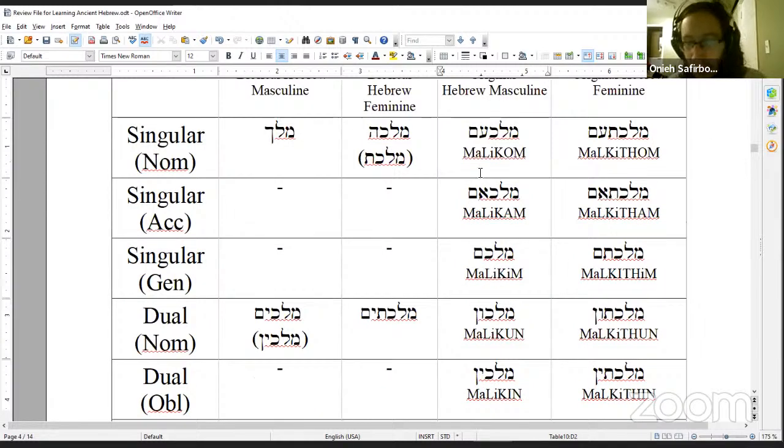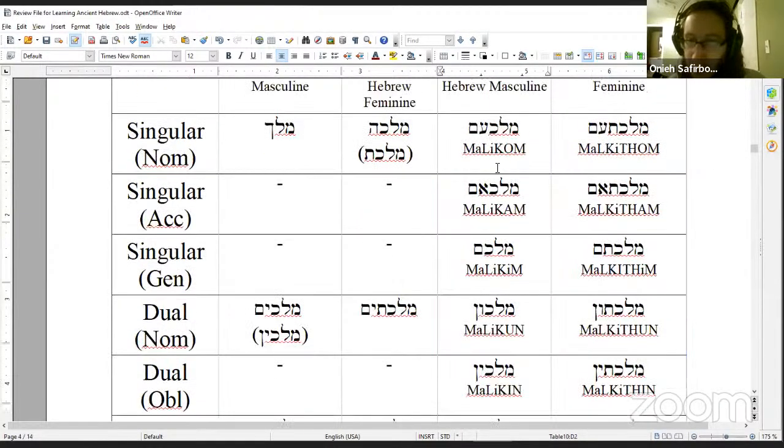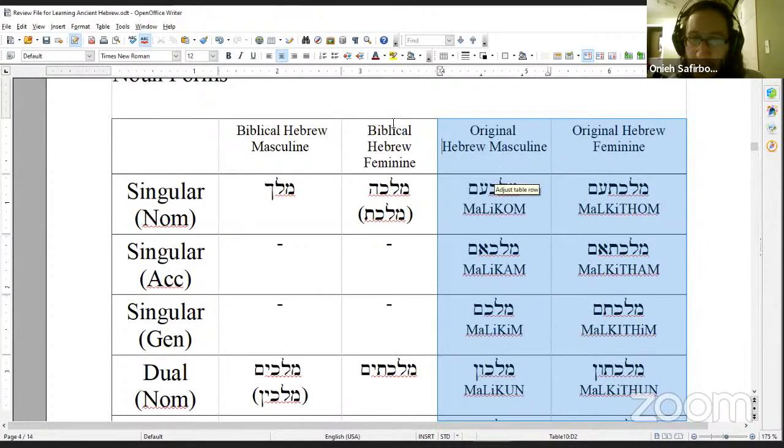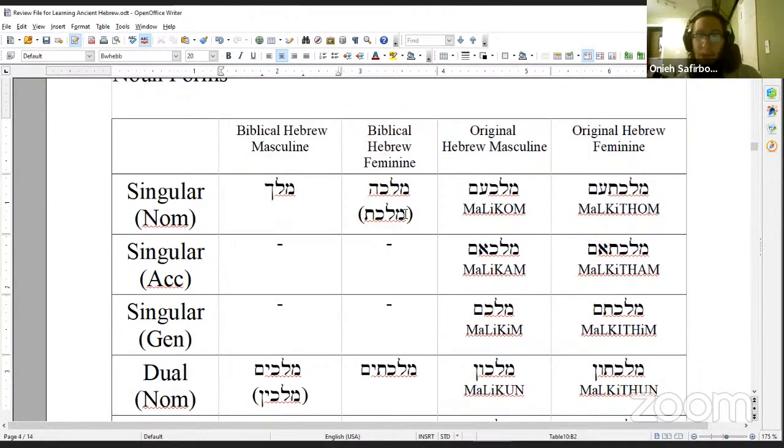But if you find this irrelevant and not necessary to know, you can skip this original Hebrew and focus on these first two columns, because these first two columns are key for biblical Hebrew in particular. So in parentheses shows what original biblical Hebrew was, and that was a tav for the feminine marker. That's why it's in parentheses right here.